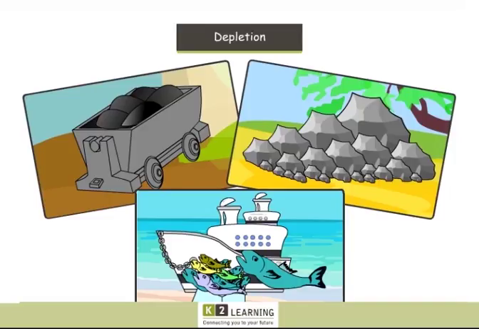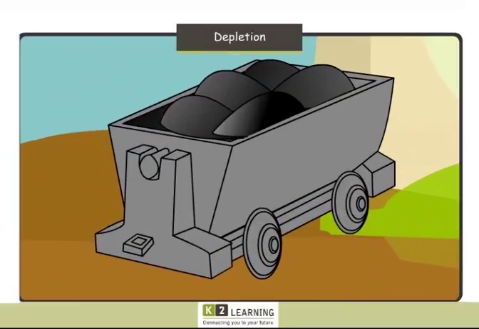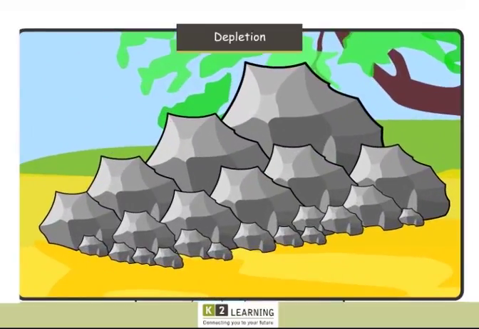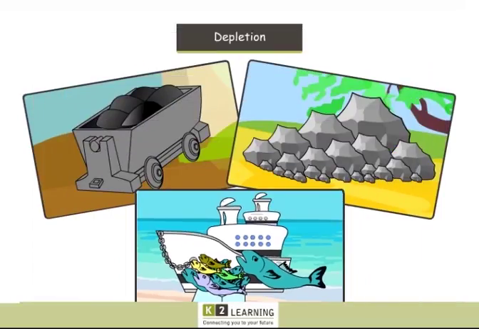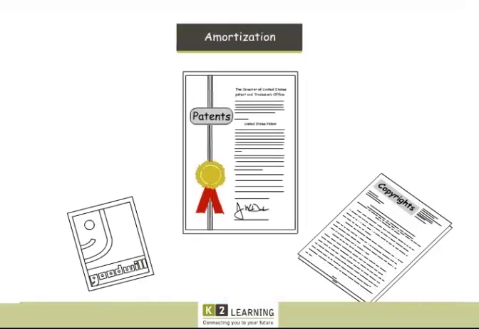It applies to wasting assets such as coal mines, quarries, fisheries, etc. Amortization is the depreciation of intangible assets such as patents, copyrights, goodwill, etc.